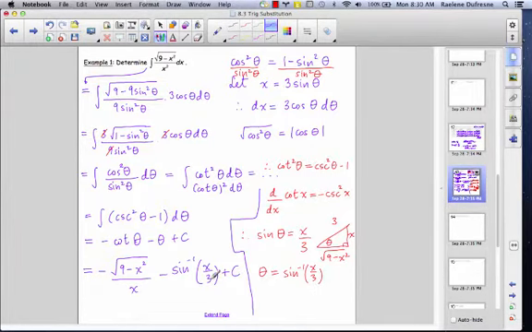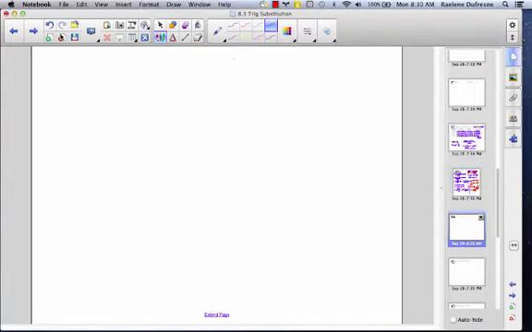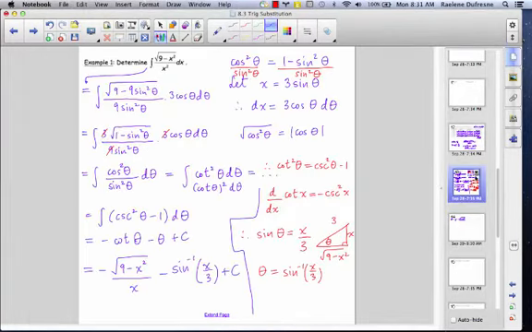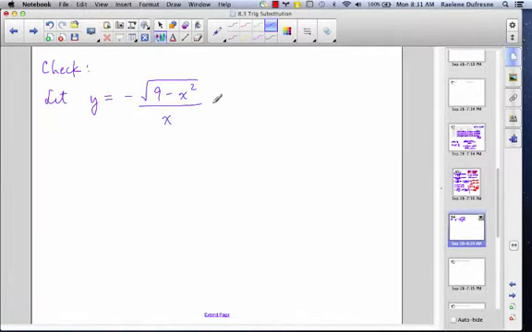So if this is a function f of x or y, let's take the derivative of it and confirm that we get the original integrand expression. Let y equal negative the square root of 9 minus x squared all over x, minus sine inverse of x over 3, plus a constant.